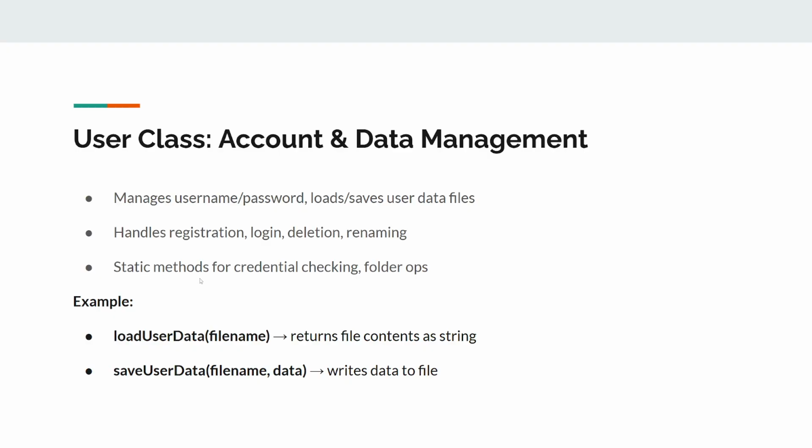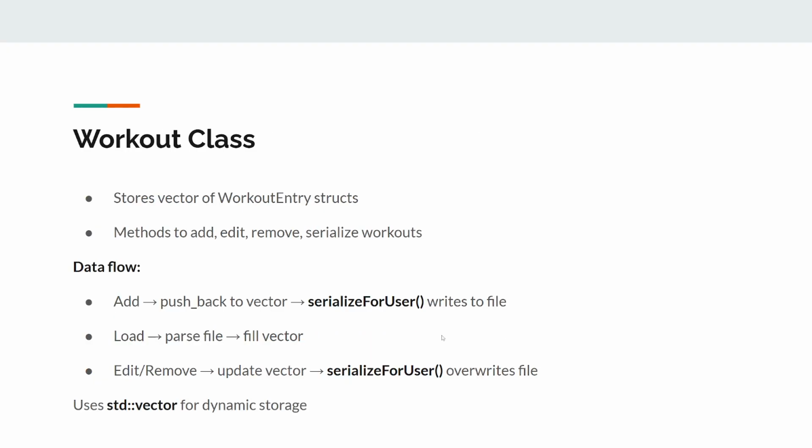There are also static methods for credential checking to make sure what you're entering is correct and you're able to log in. Some things inside user class are load user data, which returns file contents as a string, and save user data, which writes data to a file. So this is then communicated to the fitness app, and they can do whatever they want with that string.